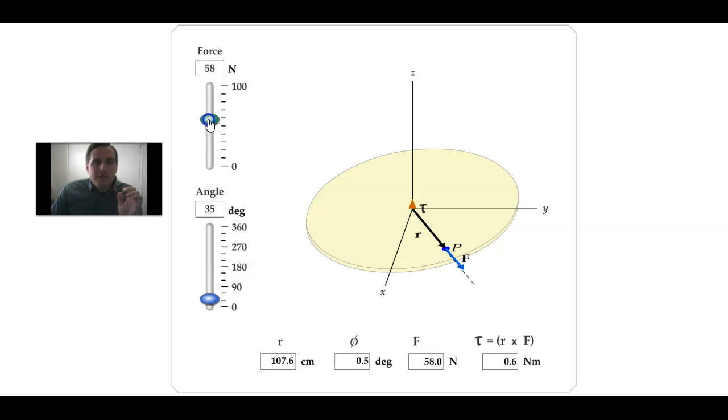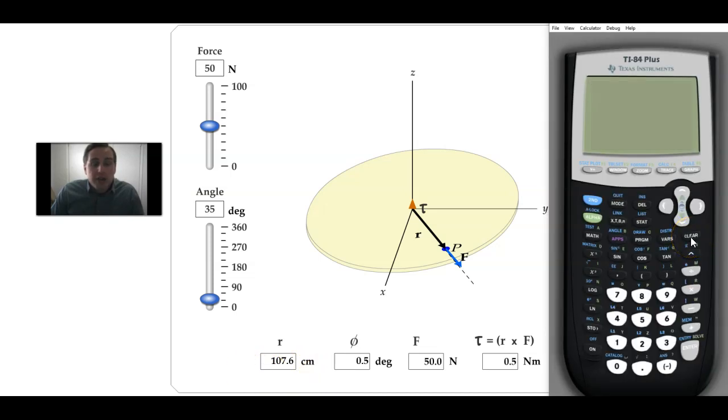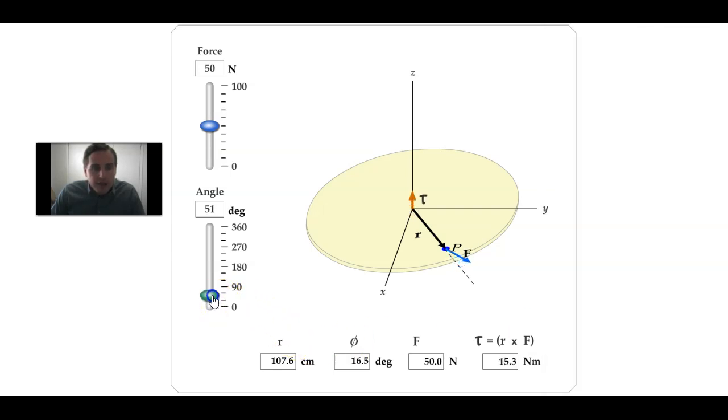If we go back to 50 newtons of force, we remind ourselves, hey, wait, if the angle is roughly perpendicular, so if this initial angle is, again, 34.5 degrees, perpendicular to that should be the following. If we use our calculator, adding 90 degrees to 34.5 degrees should give roughly an angle of 124.5 degrees. So let's see if we can get close to that.